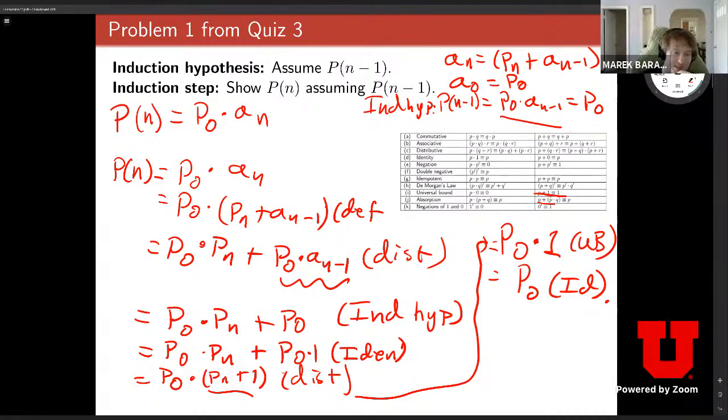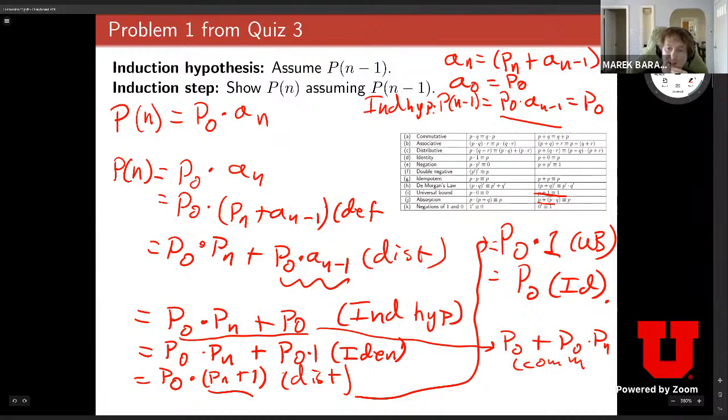It's easy to miss some rules. So you can just apply absorption right here. You would do a commutative to get P0 plus P0 times Pn, and that's by commutative. Then we look at the absorption rule, and that's just equal to P0 by absorption. Thank you. That's also a good solution.